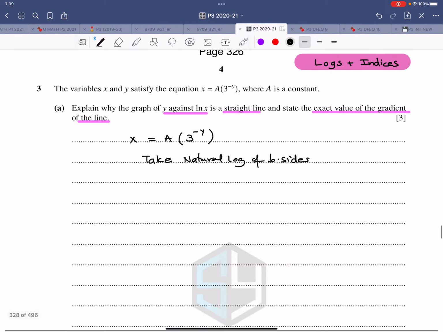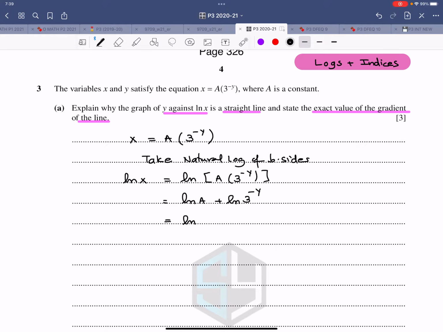ln x is ln of a multiplied with 3 raised to the power of minus y. That is ln of a plus ln 3 raised to the power of minus y. This is ln of a, and this is plus minus y goes down, ln 3, and this equals ln of x.